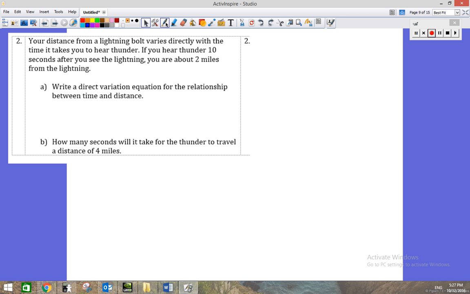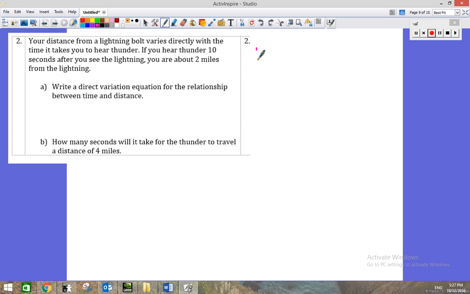And the relationship might be a very crude, very rough relationship, but it says here your distance from a lightning bolt varies directly with the time it takes for you to hear the thunder. If you hear the thunder 10 seconds after seeing the lightning, you're about 2 miles away.